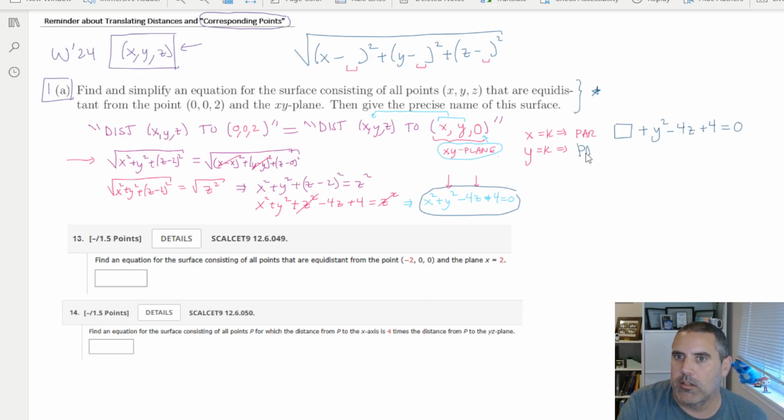If y is a constant, you should see I have 2 variables, one is squared, one is not. The moment 2 of the traces are parabolas, we know the name. The name is paraboloid. So 2 of the traces, in 2 different directions, are parabolas. The name is paraboloid.